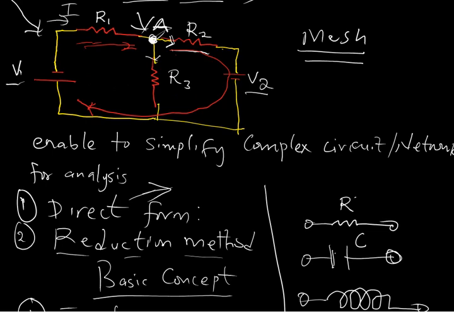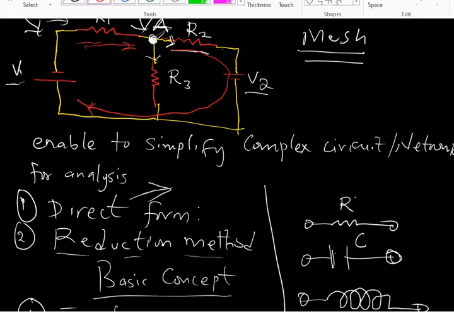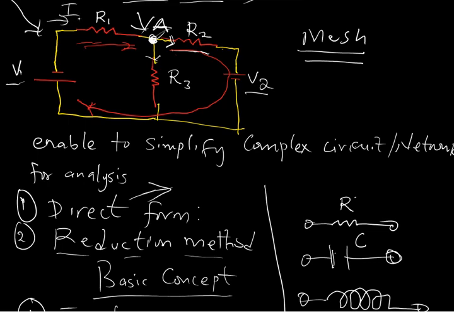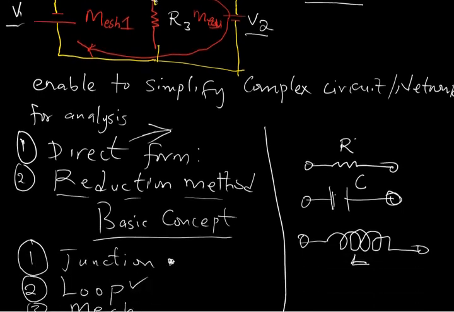One mesh is the very first mesh, the one that I showed you before. So the loop I've just gone around contains two meshes. We have mesh one, and this is mesh two.